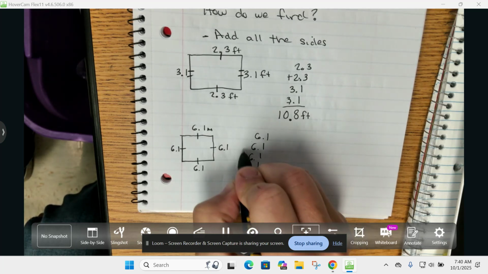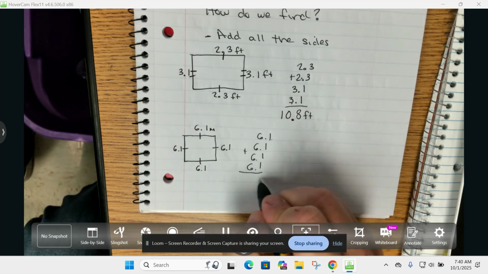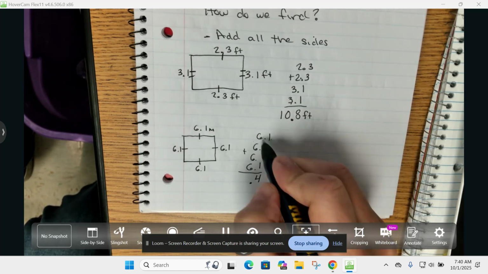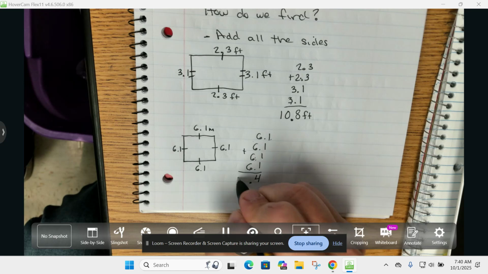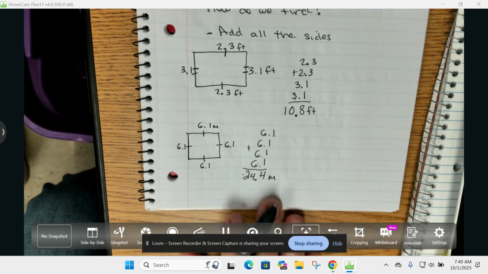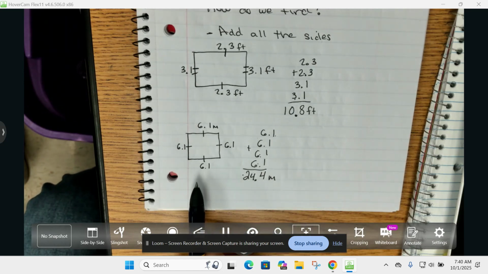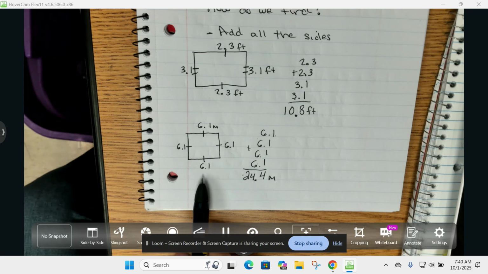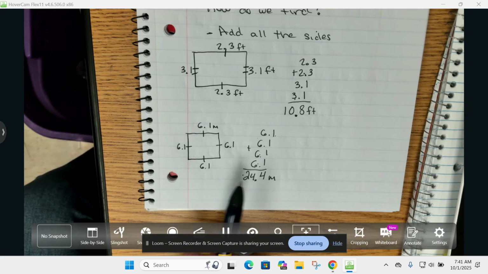Now, this is where I know some of you are thinking, ooh, Mr. Veith, can't I just multiply? Yes, you could. The problem is we do not know how to multiply with decimals yet. Okay, and I told you the other day that there's a little bit of a difference between adding and subtracting decimals and multiplying. So we're just going to stick with adding for now.